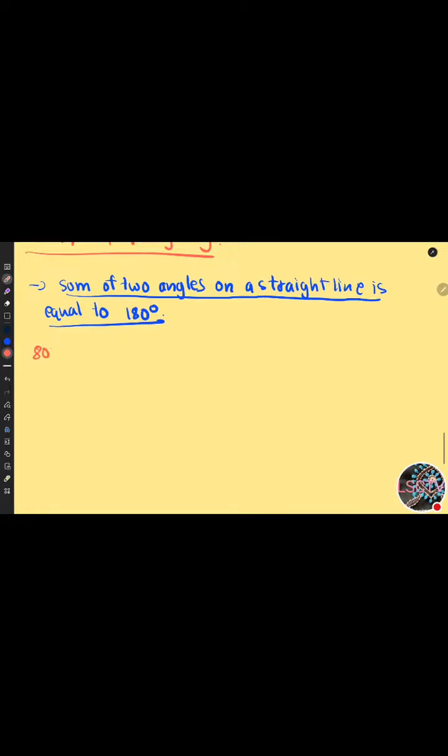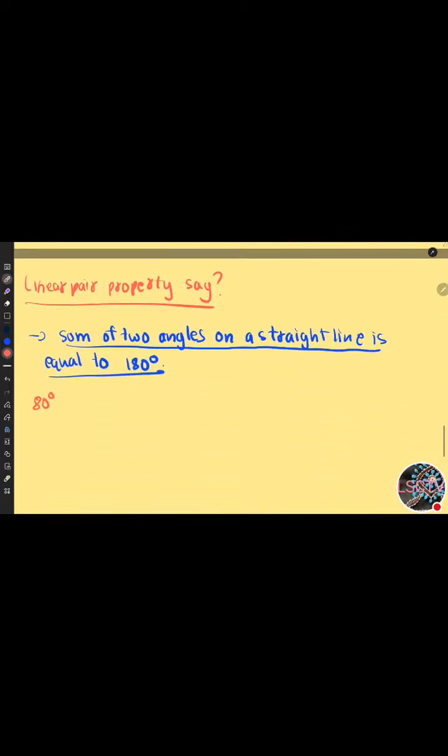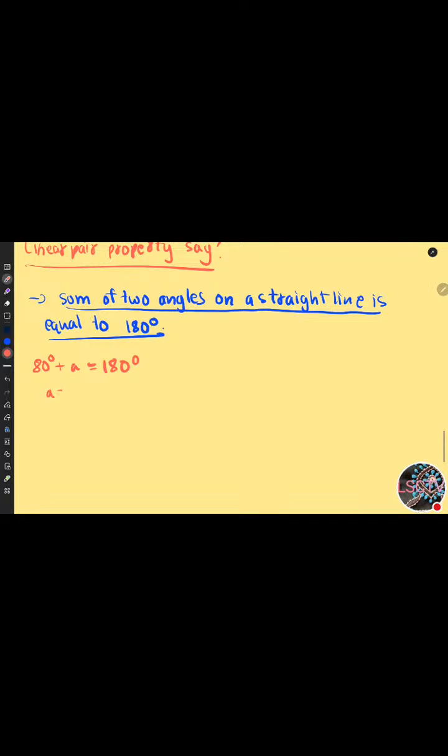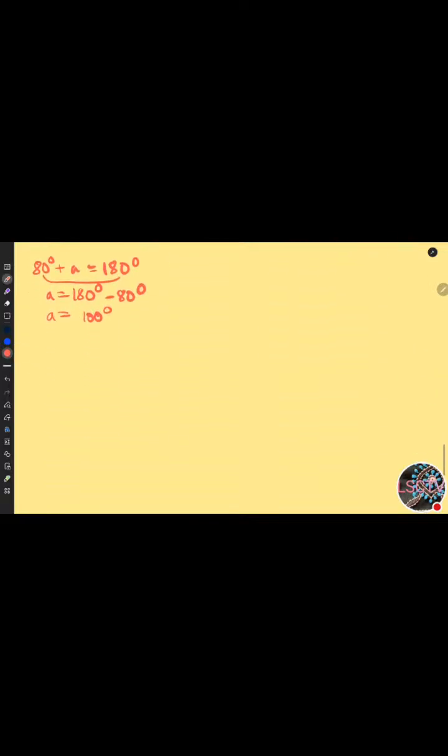So 80 degrees plus angle A is equal to 180 degrees. You take this to this side: 180 degrees minus 80 degrees. A is equal to 100 degrees. Fine, simple.